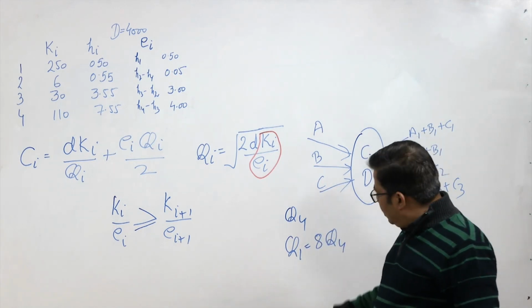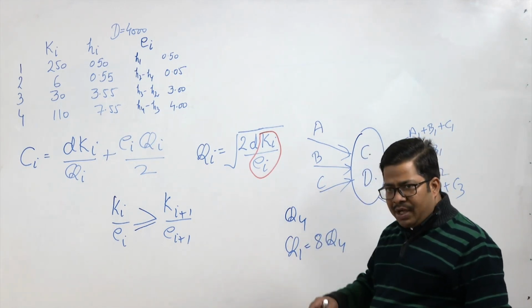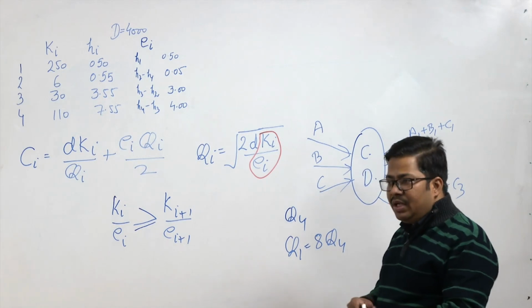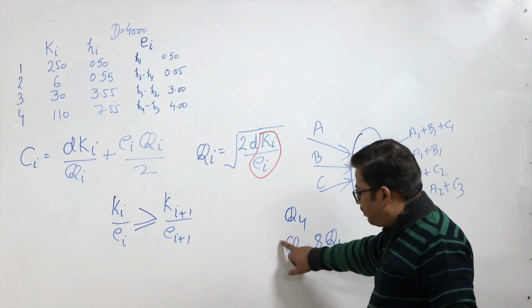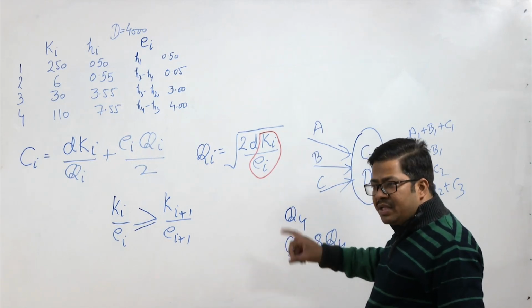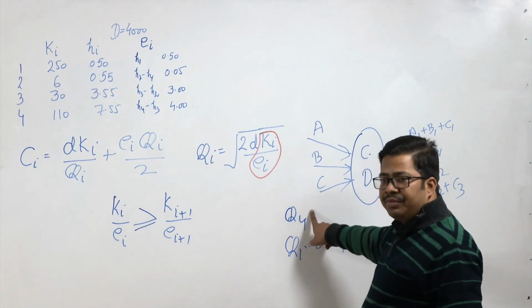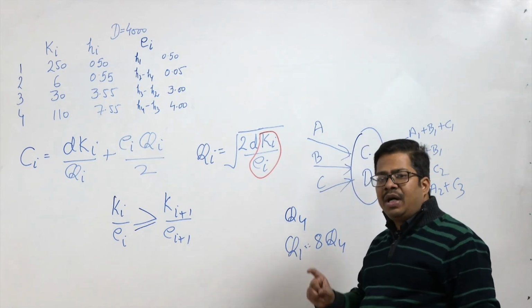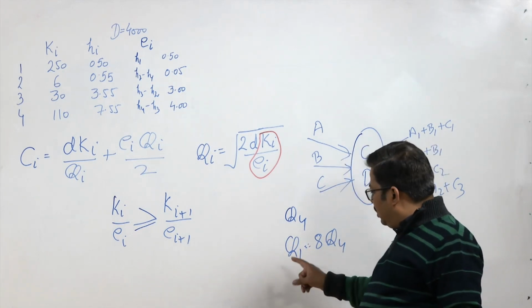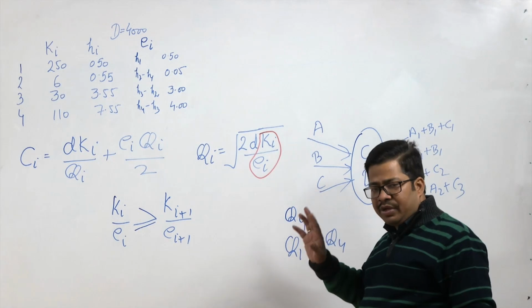Stage 1 will be able to consume this much stock of Q1 item in 8 replenishment cycles of stage 4, because in each cycle the quantity received by stage 4 is 1 by 8 of Q1.